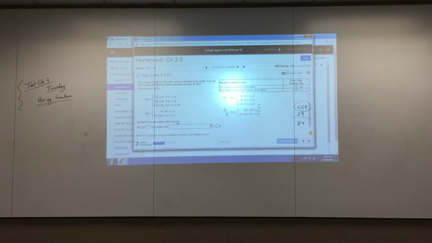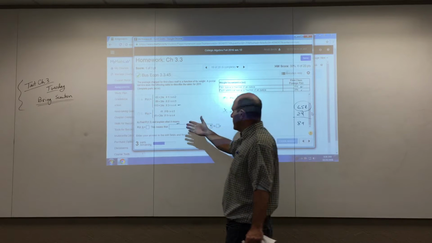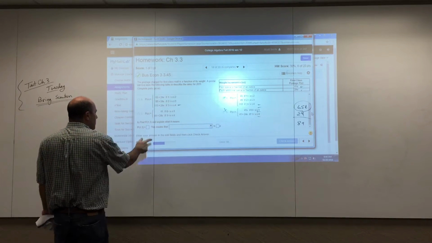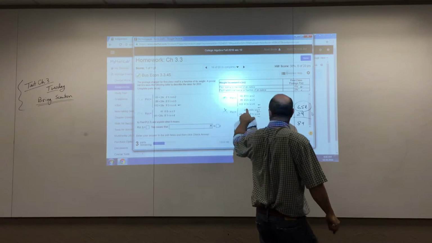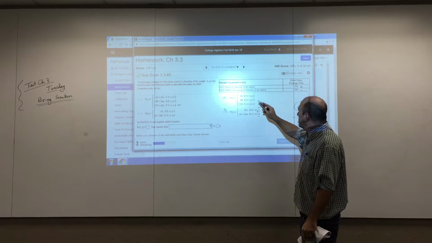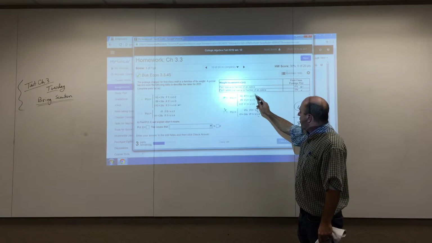Cool. So now that I got that, can I answer these questions? Find P of 1.3 and explain what it means. Well, okay, if it's 1.3, what do I do? I have the function right here. It's between 1 and 2.